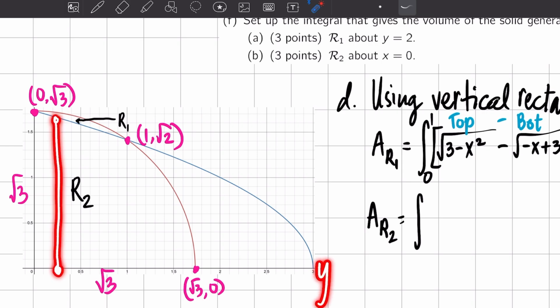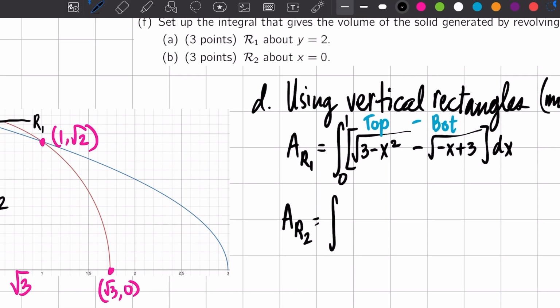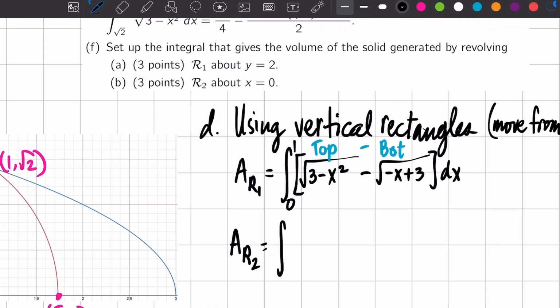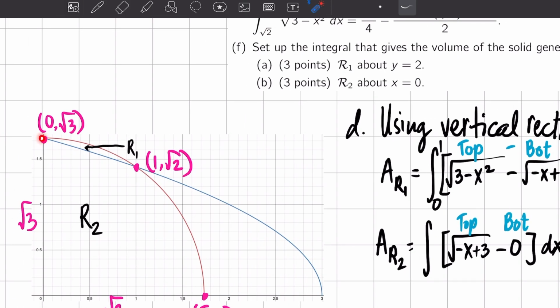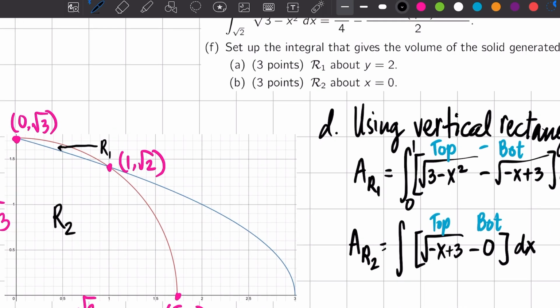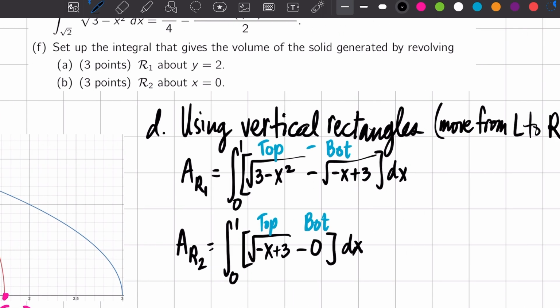Recall that your x-axis has equation y equals 0. So that's the blue curve, square root of negative x plus 3, minus the bottom curve, 0, dx, and the bounds would be from x equals 0 until x equals 1. So that's from 0 to 1.